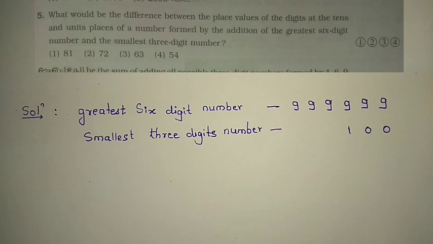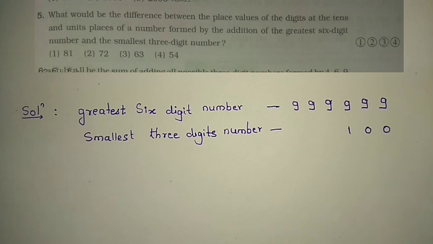In the question it is given: what would be the difference between the place values of the digits at the 10 and unit places of the number formed by the addition of the greatest 6-digit and smallest 3-digit number.